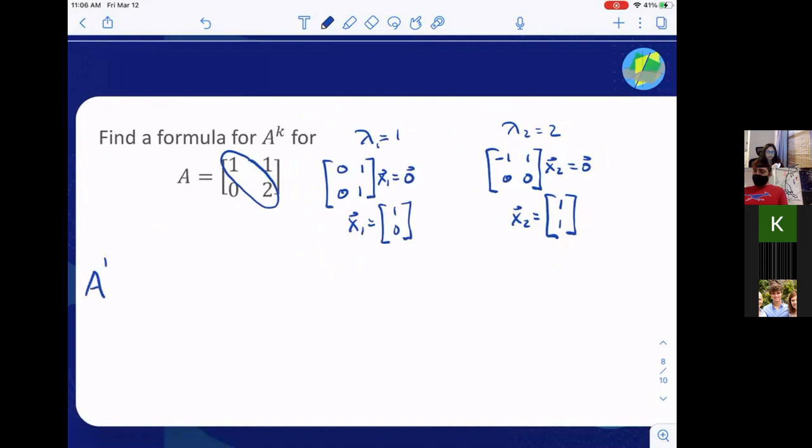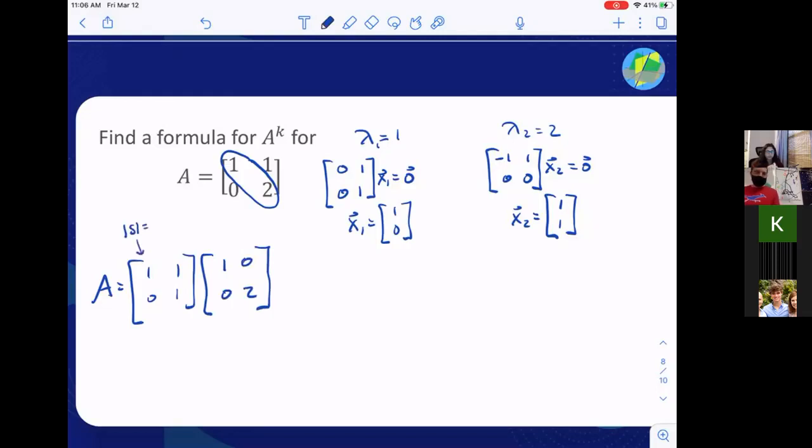Then A to the K, well, we'll factor A first, and then we'll do A to the K. So A is going to be 1, 0, and 1, 1, the diagonal matrix with 1 and 2 on the diagonal. And again, we'll need the determinant of S, which is this matrix here, is 1 minus 0, which is 1.